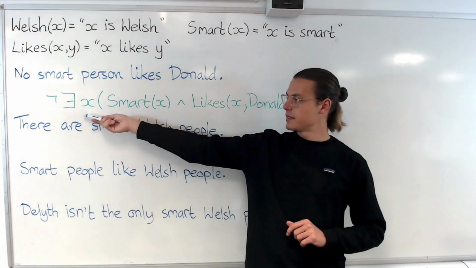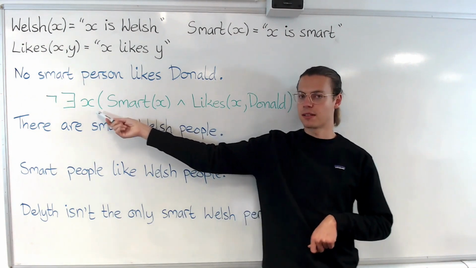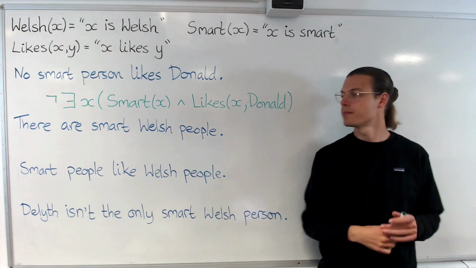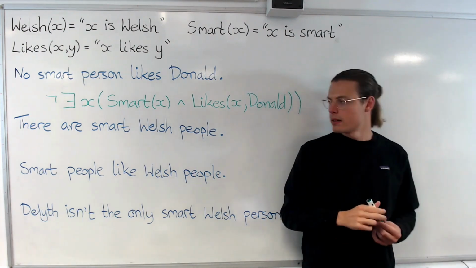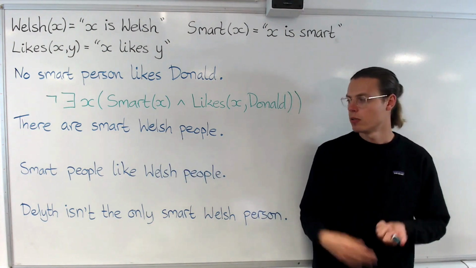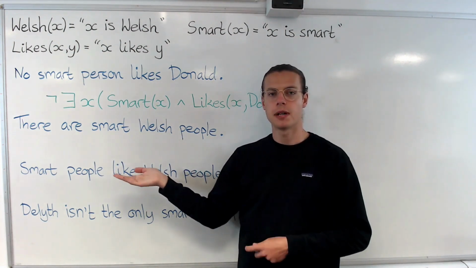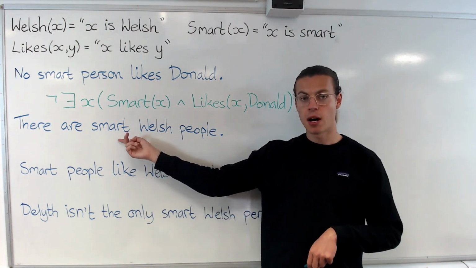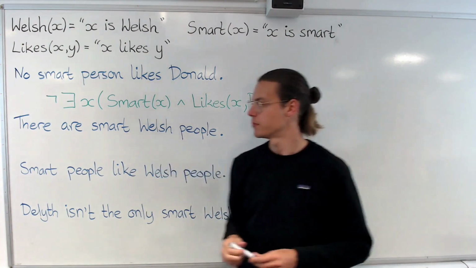There does not exist a person X such that X is smart and X likes Donald. The next statement is there are smart Welsh people. So there is some person, X say, such that X is both smart and Welsh.